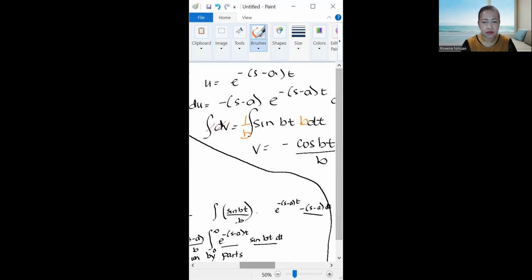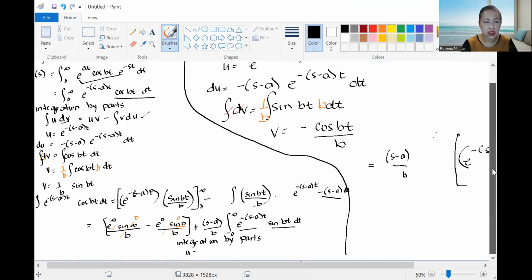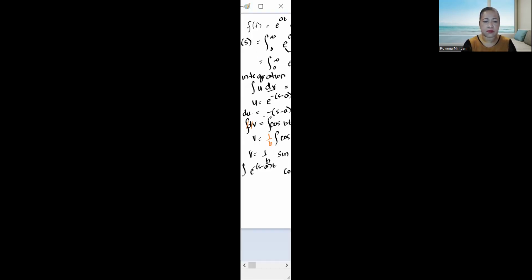I forgot this factor, s minus a. So I have to consider this one, s minus a over b, and place it here.